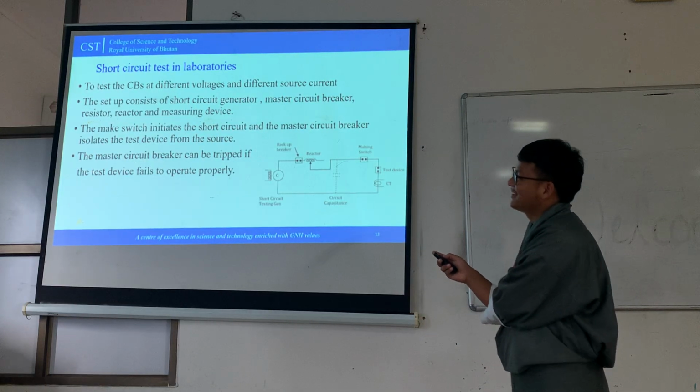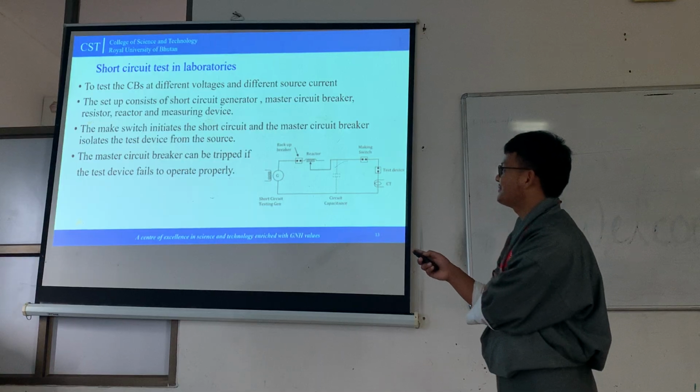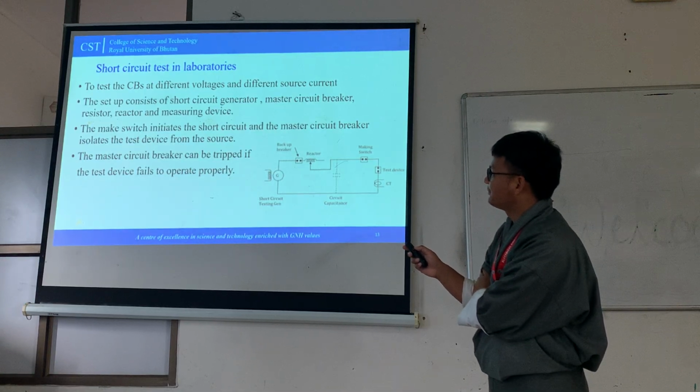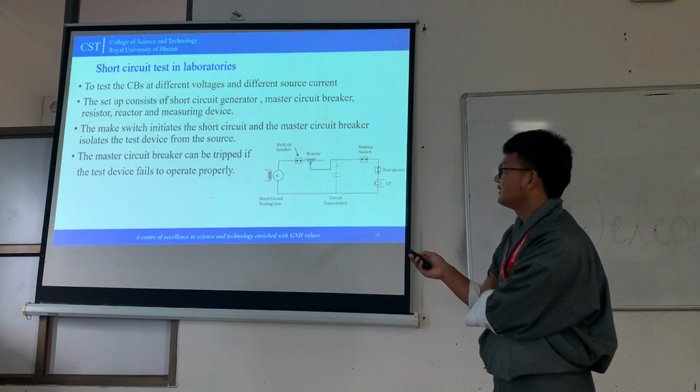And next is the synthetic short circuit test. This test is to measure the circuit breaker's active voltages and voltages of the wire.